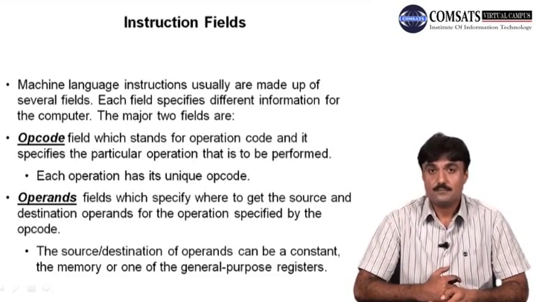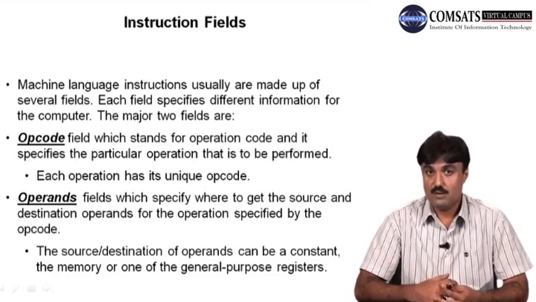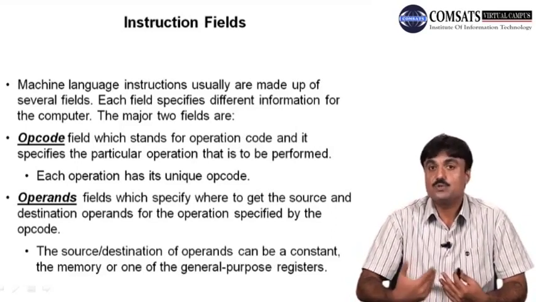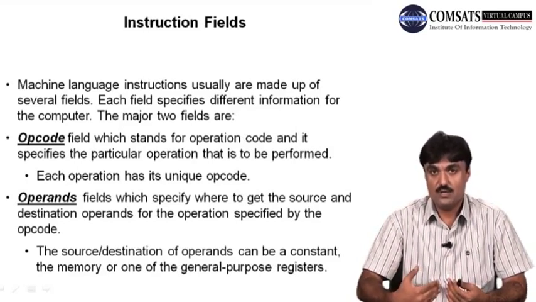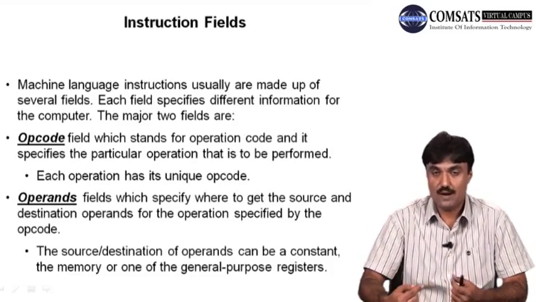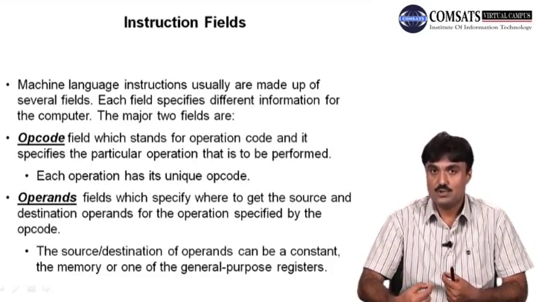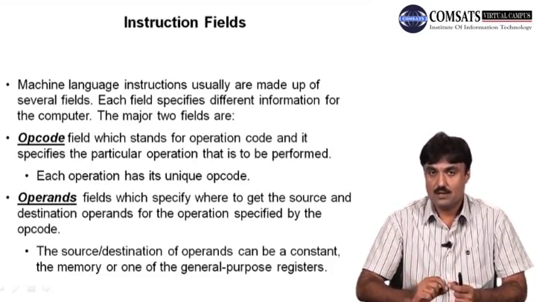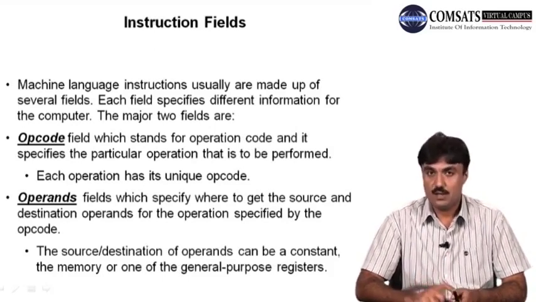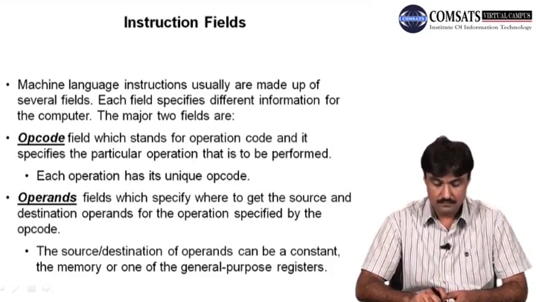In case we load data from a memory location, then we have to show the source, from which memory location we have to load, and at which memory location we have to store, and so on. So we have to specify the source and destination and all the data on which the operation is being performed, and this is specified in the operands field.